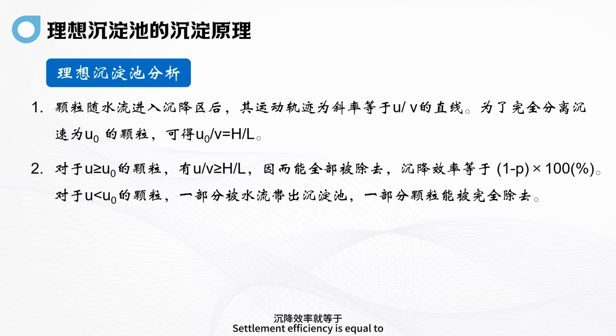Settlement efficiency is equal to (1 minus P0) times 100%. For particles where U is less than U0, they are usually carried out of the sedimentation tank by water flow, and only part of the particles are removed.